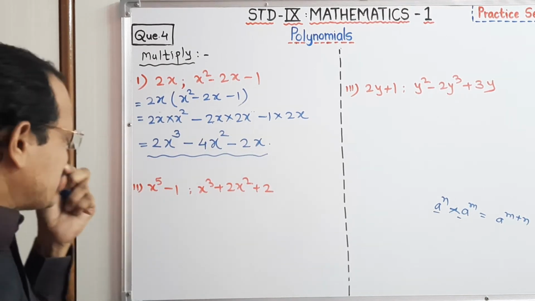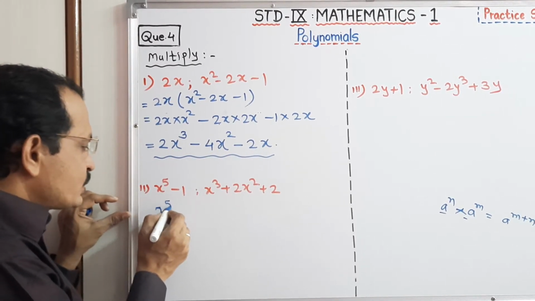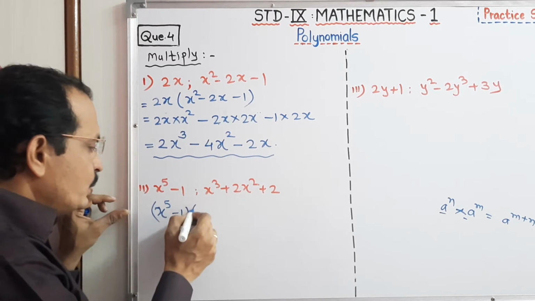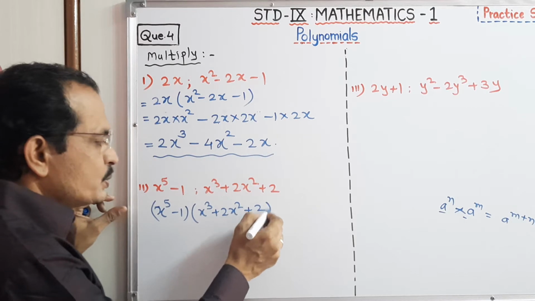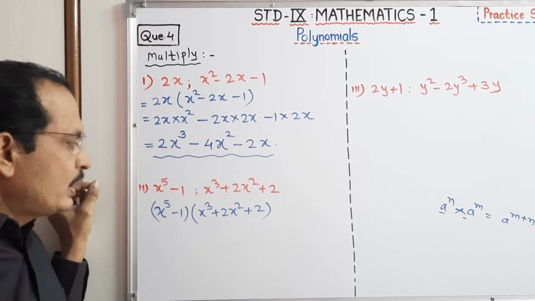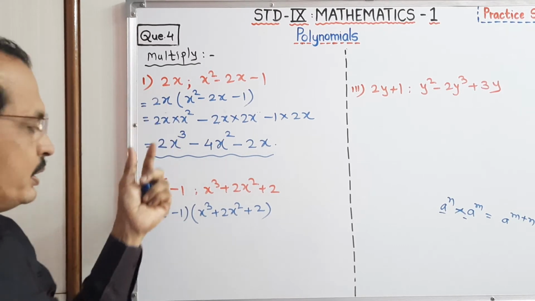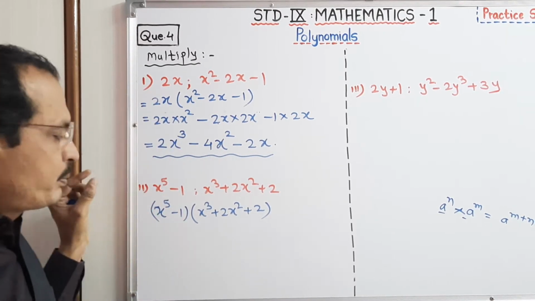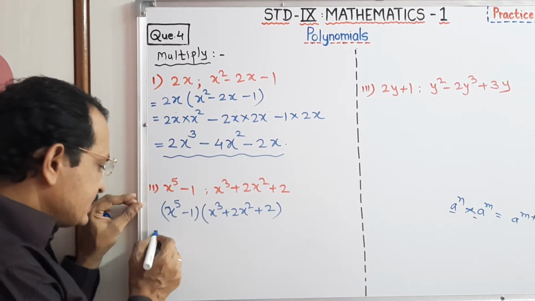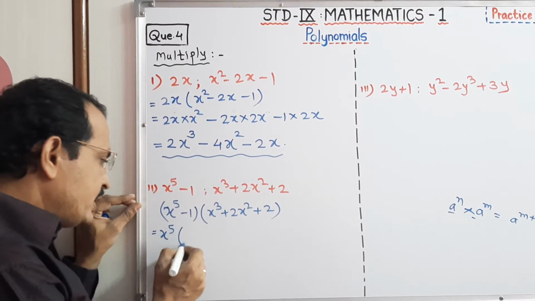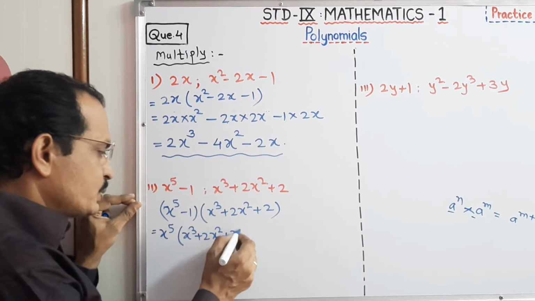Now see the second. Here it is x raised to 5 minus 1 into x cube plus 2x square plus 2. Now dear student, while doing this multiplication, here it was monomial, here it is binomial. Therefore what we have to do? We have to multiply this x raised to 5 with this bracket x cube plus 2x square plus 2.